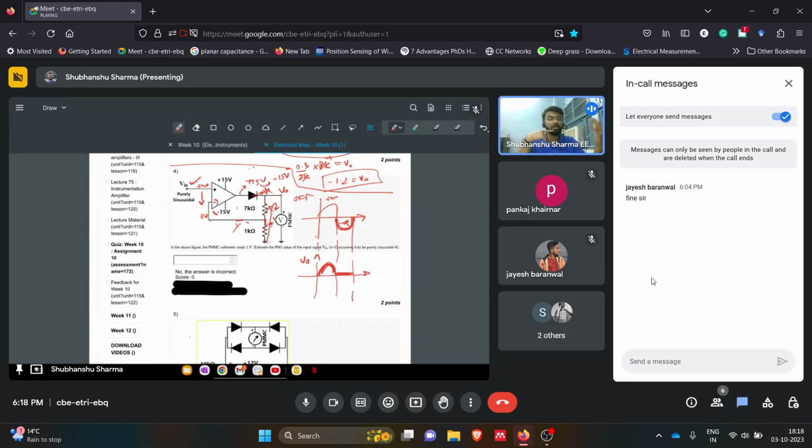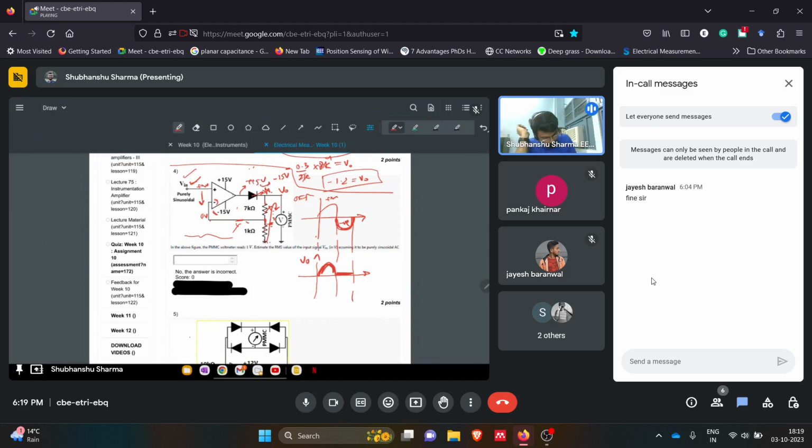Let's say we cannot use signals below 0.7 volts for a silicon diode, and similarly 0.3 volts for a germanium diode. But if we use this operational amplifier, we get a precision rectifier. However small the signal is, it will not matter. It will give a half rectified output. So this is a precision half wave rectifier.